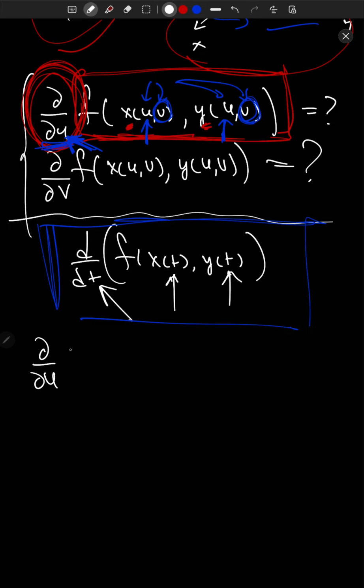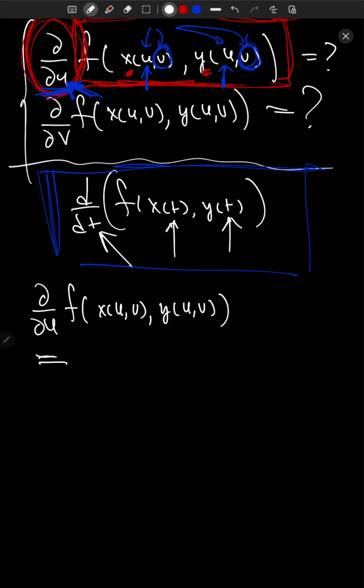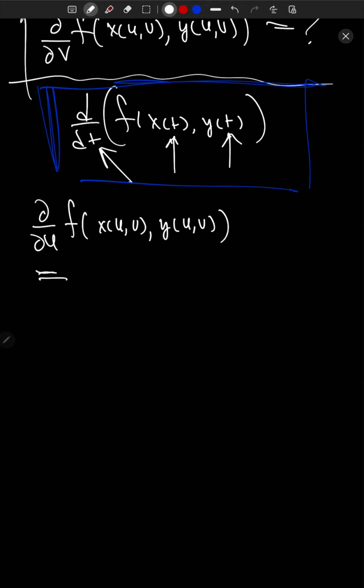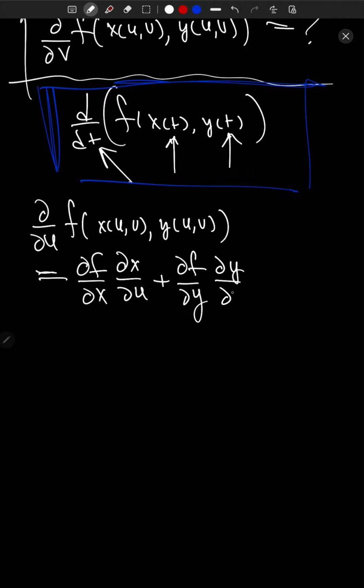So partial u of f of x of uv, y of uv is equal to literally the same formula, except with u in place of t. And if v's just hang around, coming along for the ride, they contribute nothing. We don't do anything to them because they're constants as far as d/du is concerned. So this is going to be df/dx dx/du plus df/dy dy/du.